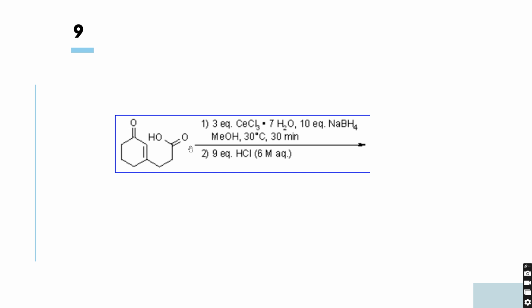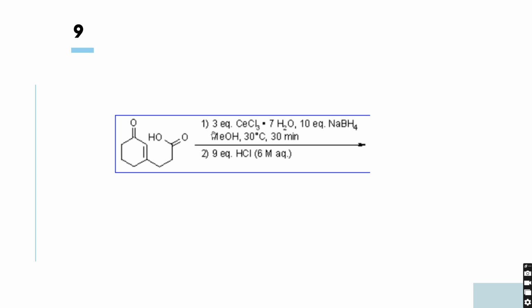So what will be the product that you are going to get here? Because you have one carboxylic acid functionality here, which can react with the ketone or its reduced product also.